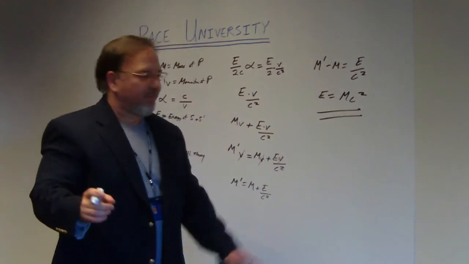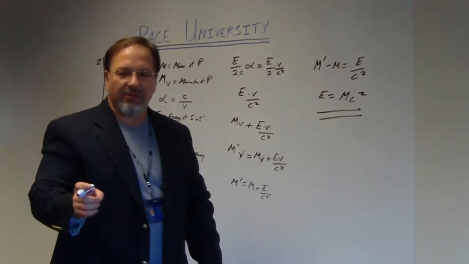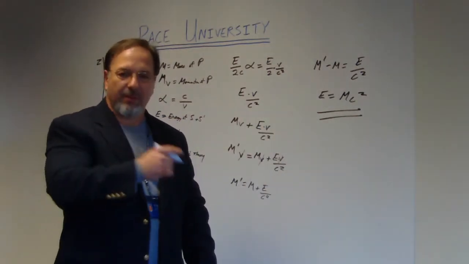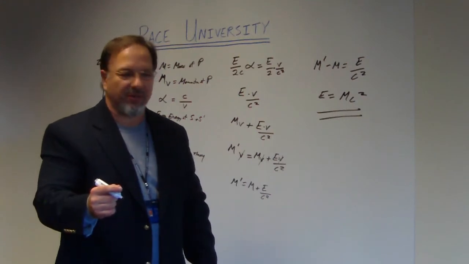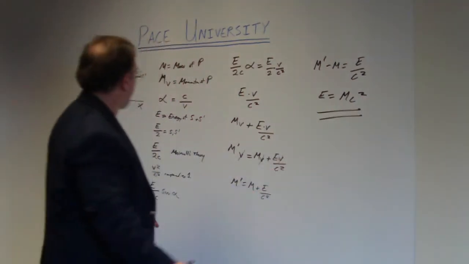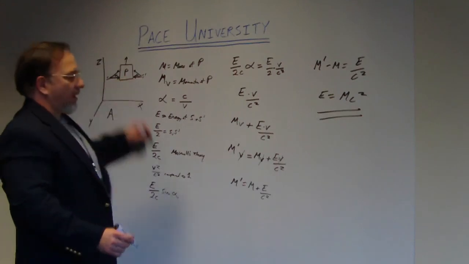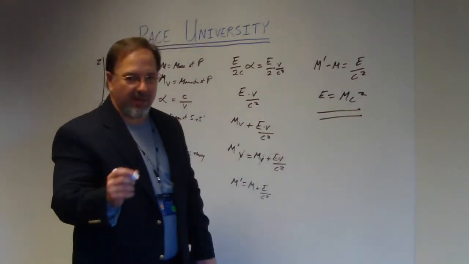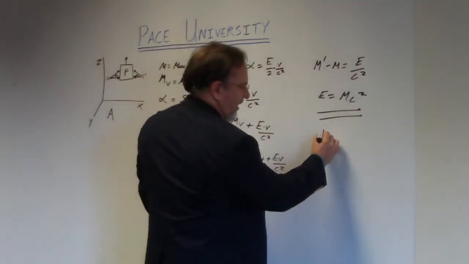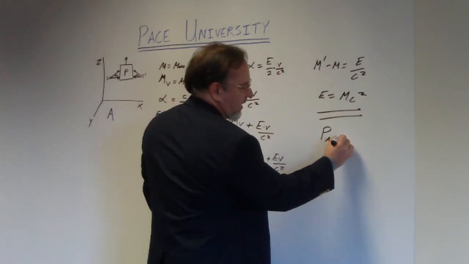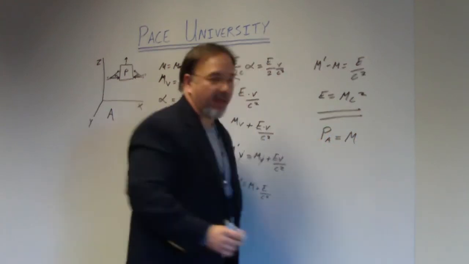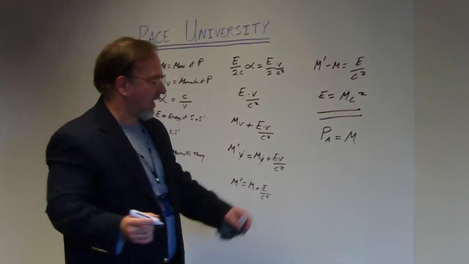Now, we take this Albert Einstein's well-known equation and we apply it to Pace University. So let's let our mass body P in system A, PA, equal the mass of that body, which is m.